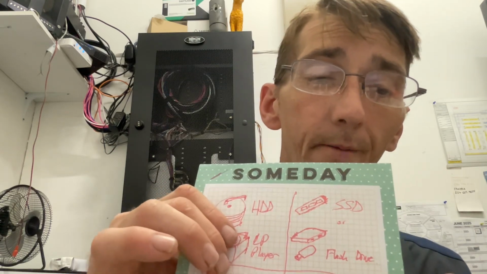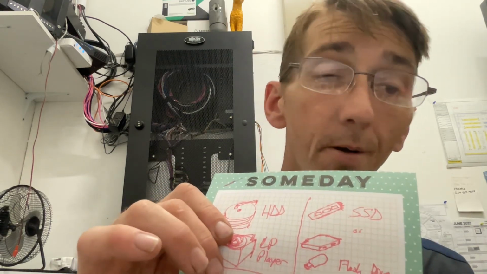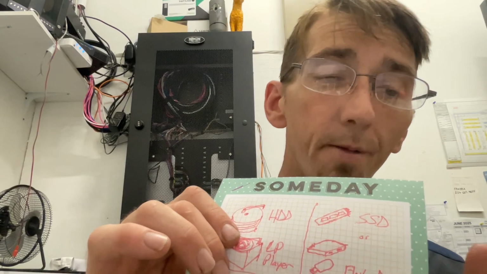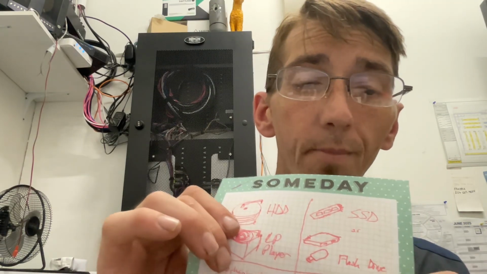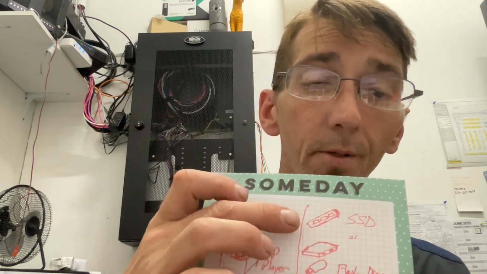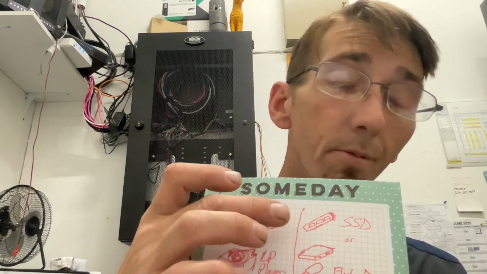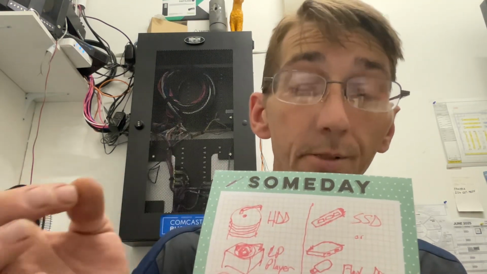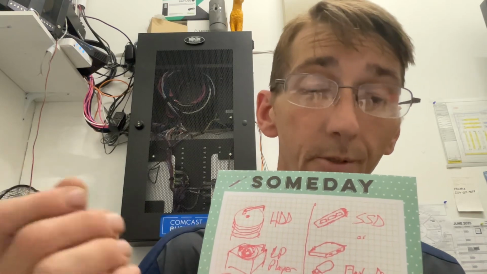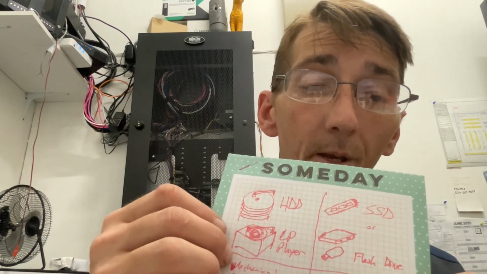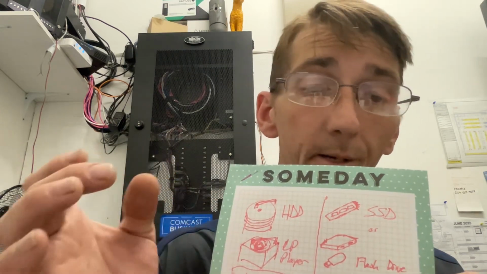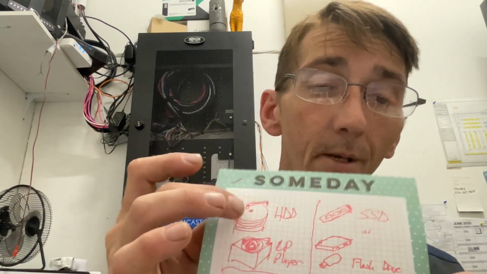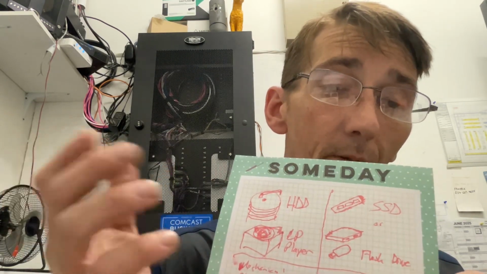SSDs, on the other hand, like the name suggests, are solid state drives. They don't have any moving parts. They will either hook up directly into the M.2 slot on your motherboard if it has one. If not, it can hook up to the same serial ATA ports that the old hard drives hooked up to.